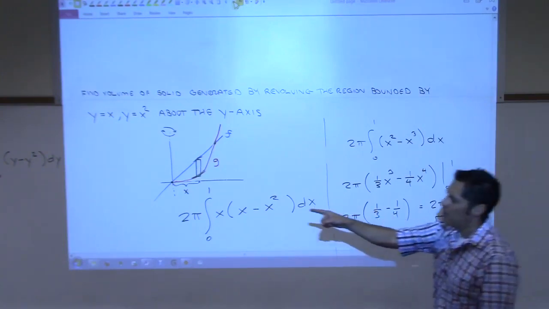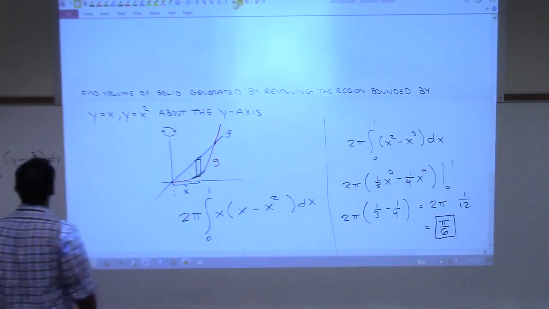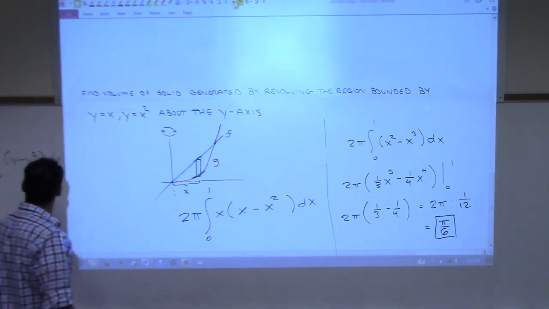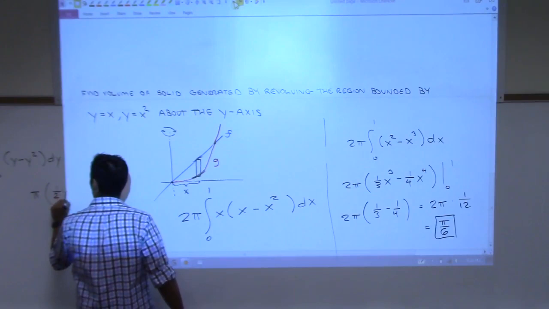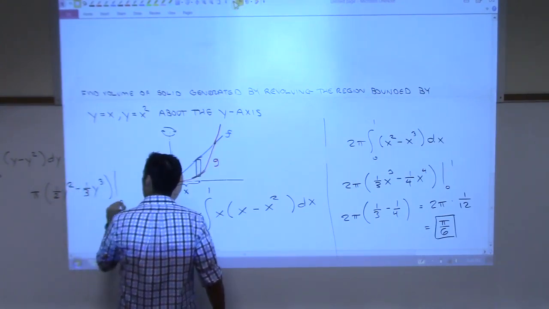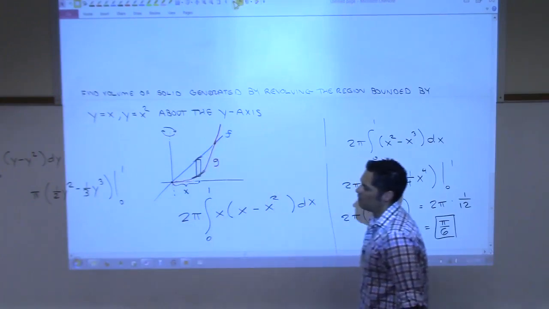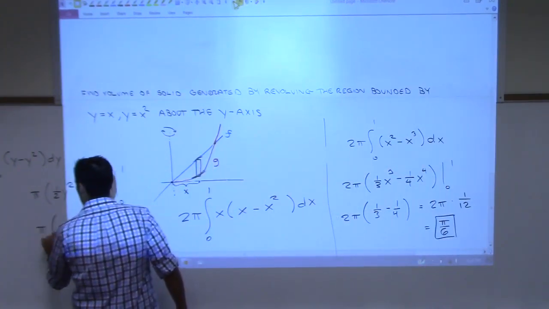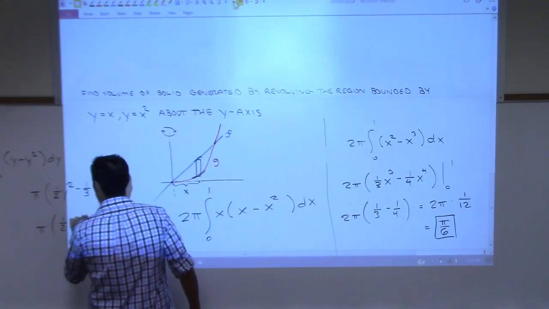Is that what we would have gotten here? Shall we do it quickly? Antiderivative, pi times 1/2 y squared minus 1/3 y cubed from 0 to 1. Plug in 1, what do you get? 1/2 minus 1/3.